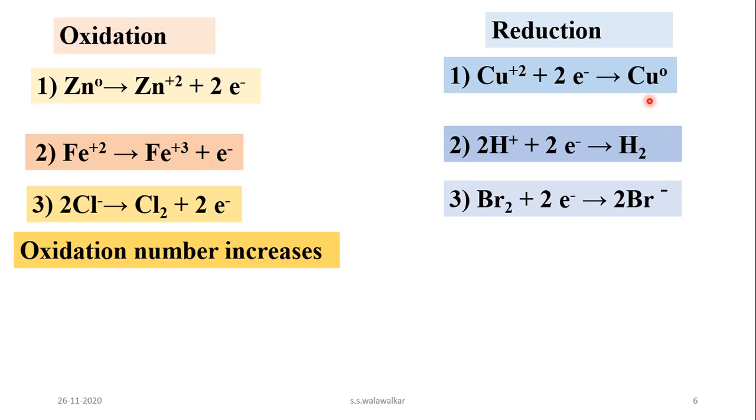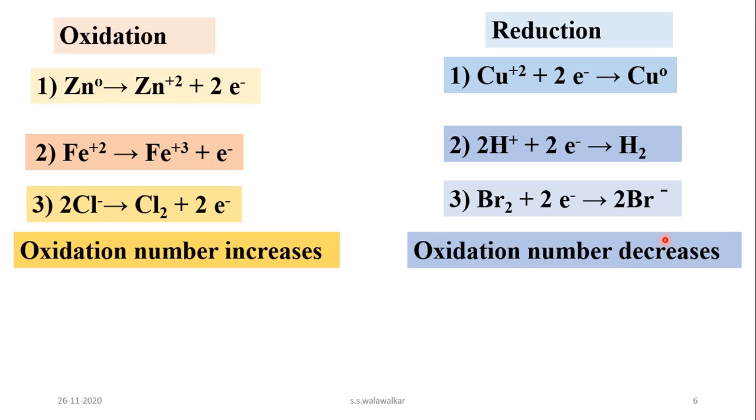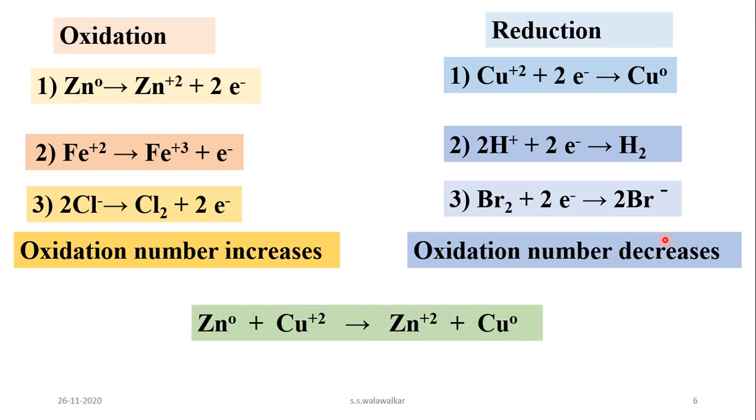So in all these processes, oxidation number is decreased. So reduction means a process in which the oxidation number of a species decreases. And the combination of these two reactions, oxidation and reduction, is nothing but a redox reaction.